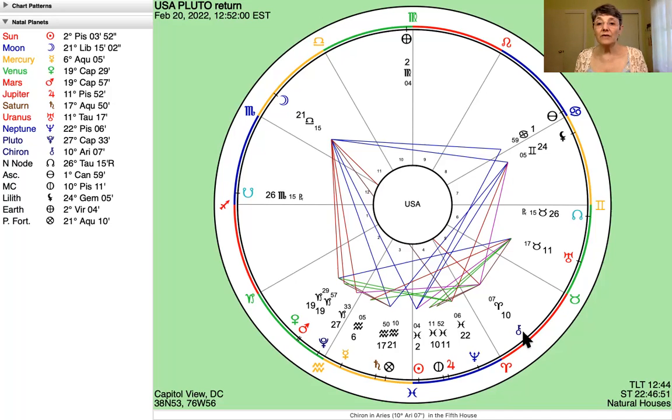And Chiron also in the 5th house is about diplomacy and diplomatic officers. So there might be some concern about diplomacy, but also the youth of the country will be affected by this opposition between Chiron and the moon.